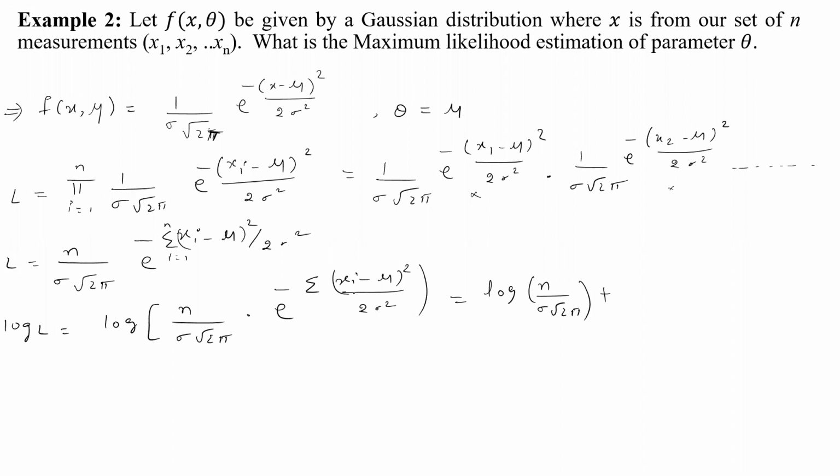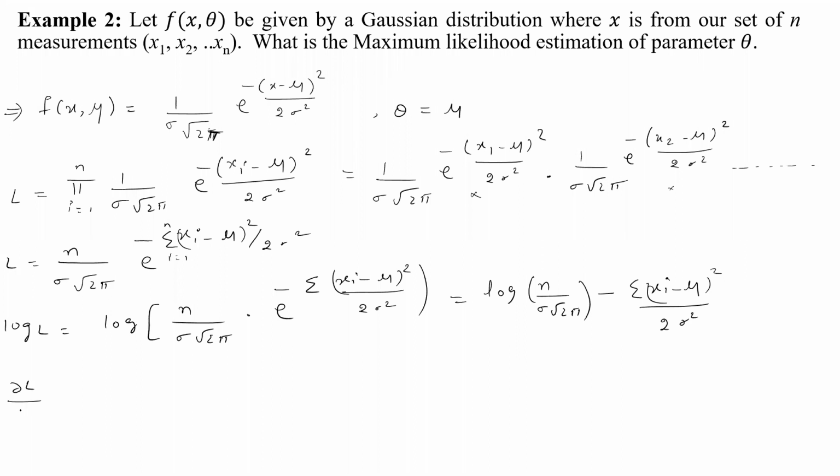So whatever the power term will come first. So this becomes minus of summation xi minus mu whole square divided by 2 sigma square into log e base e. So log e base e always becomes 1, so I will just cancel this out. So now we have got the log likelihood function.